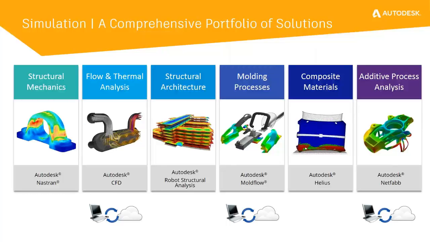Autodesk has also invested in simulation tools for the additive manufacturing process as part of the Autodesk NetFab product line. I'll share more on this tool a little bit later in the presentation also. And finally, Moldflow, where most of the remainder of this webinar will be focused, is used to simulate the plastic injection molding and compression molding processes.